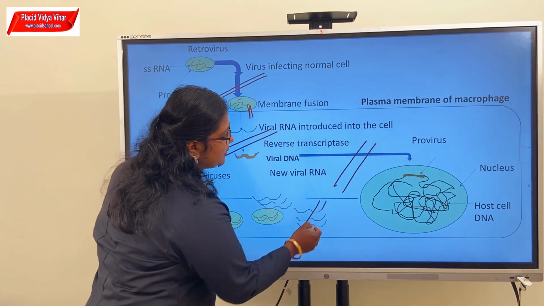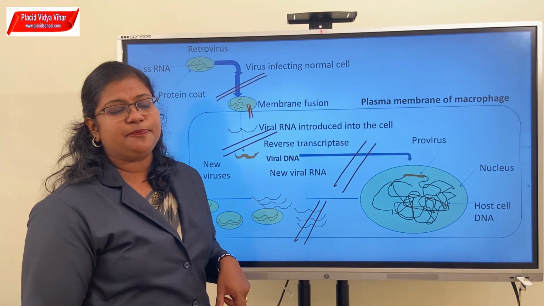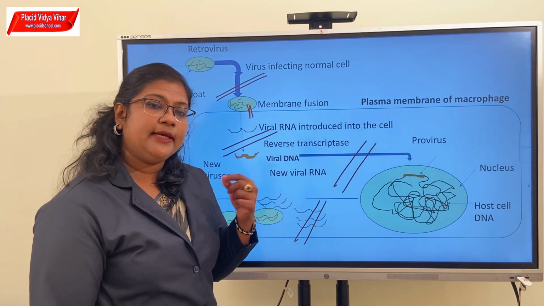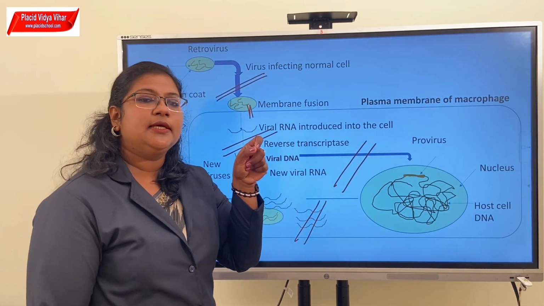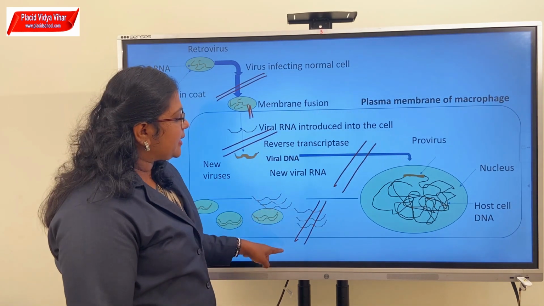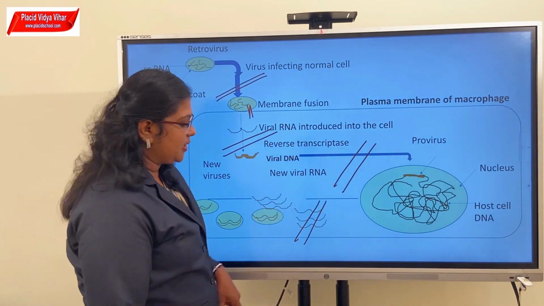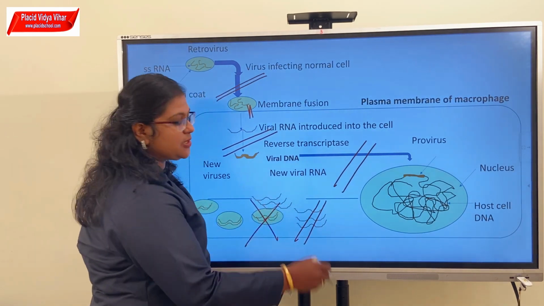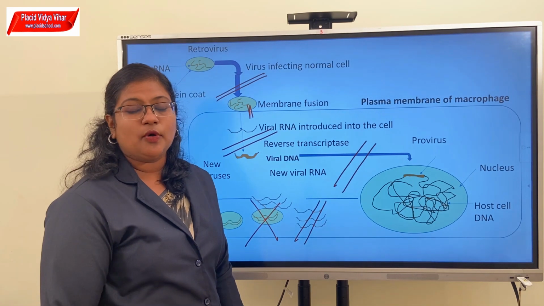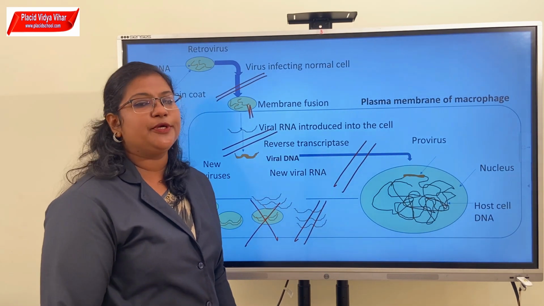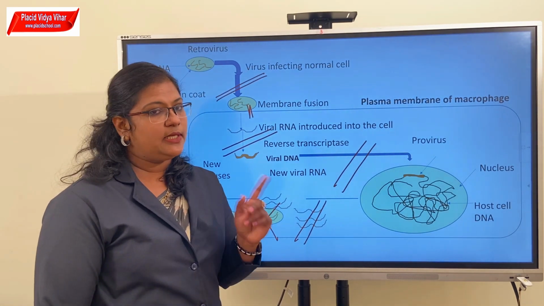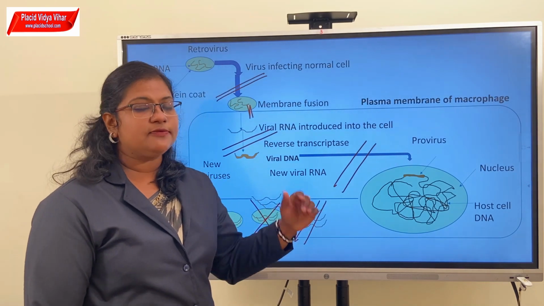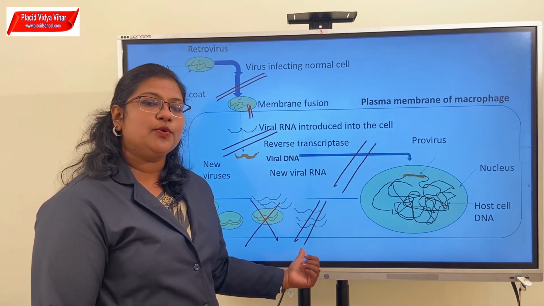At this stage also there can be drugs which prevent the formation of viral RNA from the host DNA. There are also other drugs which inhibit proteins of the virus from being produced in the host cells.